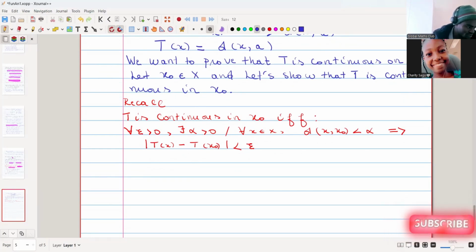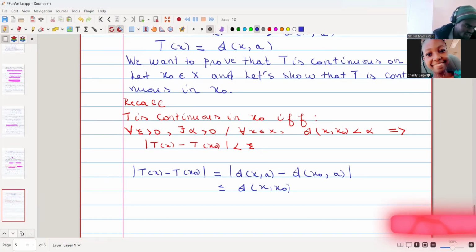Now, what do we have? T(x) minus T(x naught) is what? You have to replace: T(x) is the distance between x and a, and T(x naught) is the distance between x naught and a. And this one is, this is a property that we know, less than the distance between x and x naught.